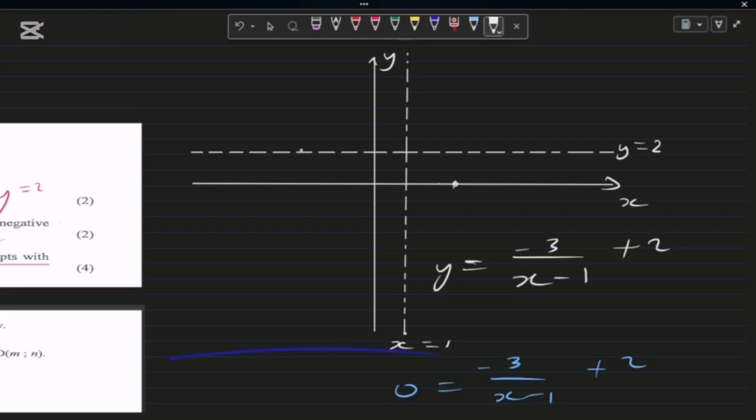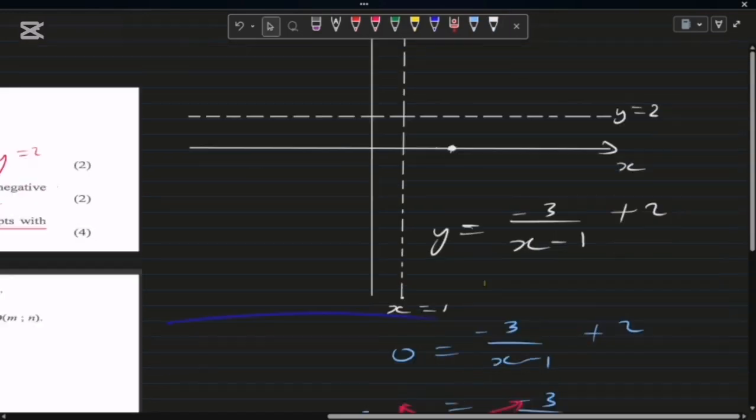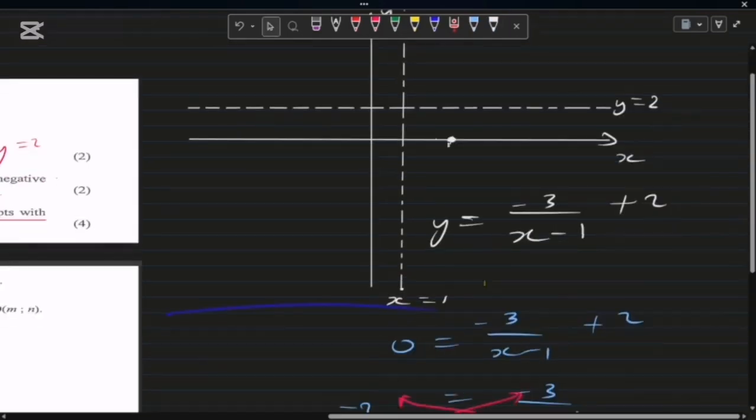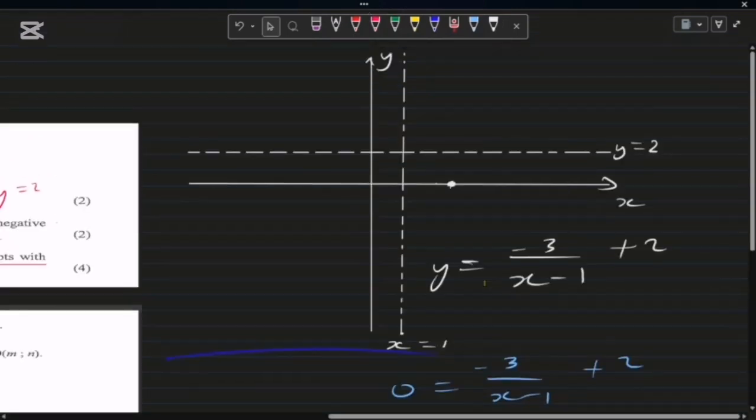Okay, so now this is our point, 5 over 2 is our point over here. Okay, so this is that one.